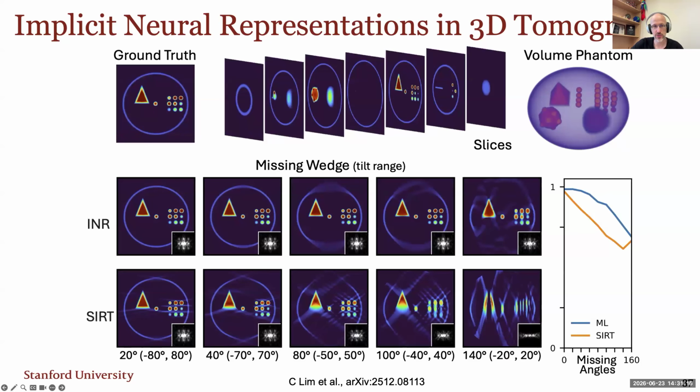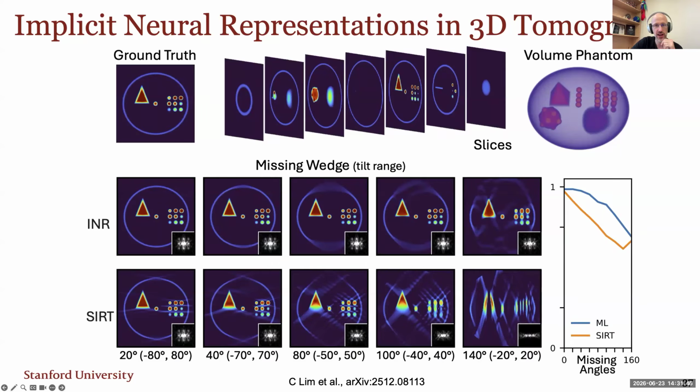Okay, so why do we do this? Well, implicit neural representations and other machine learning in-painting methods are so superior to classical methods for in-painting missing information. So what I'm showing here is this phantom along the top row, and then the middle row is our INR reconstruction, slices showing the missing wedge in the vertical direction, and then below it, SIRT, or simultaneous iterative reconstruction technique tomography.